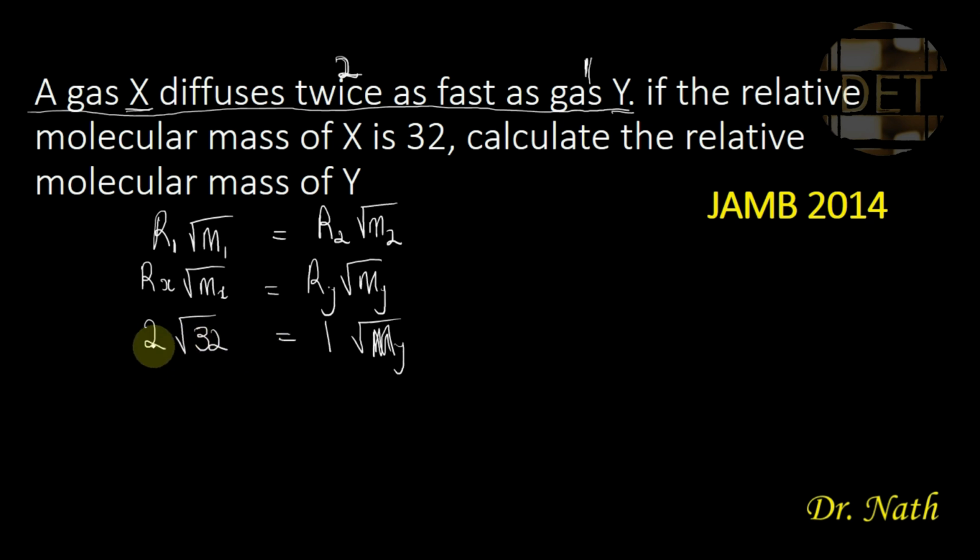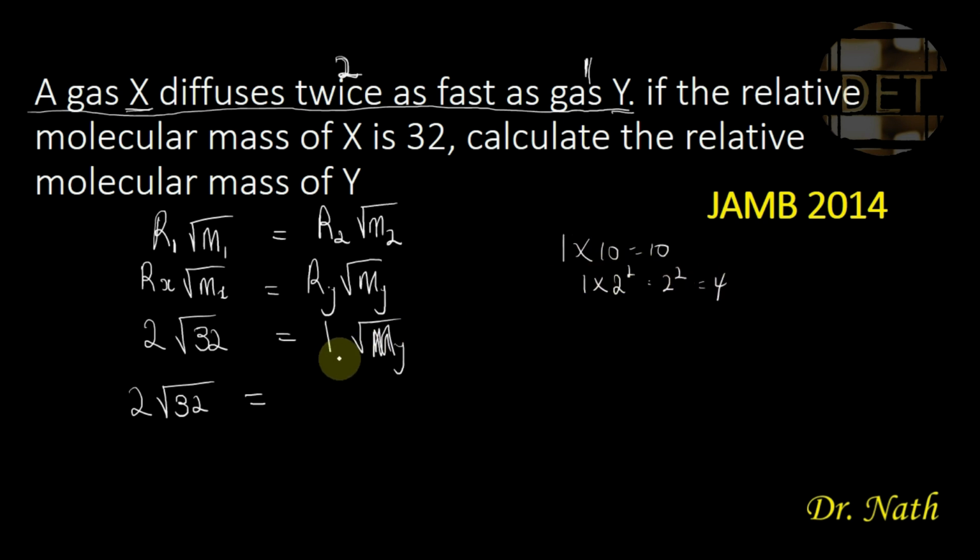Having done this, our equation will now be 2 square root of 32 is equal to 1 times square root of My, which is equal to square root of My, because 1 times anything is equal to that thing. 1 times 10 is equal to 10. 1 times 2 raised to power 2 is equal to 2 raised to power 2, which is equal to 4.